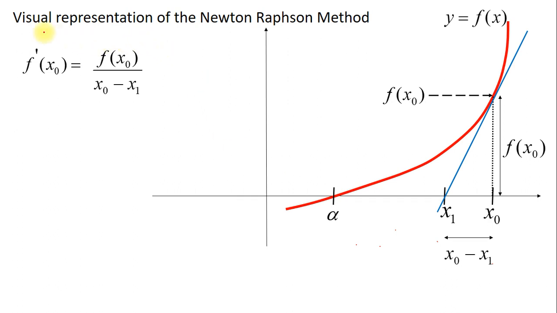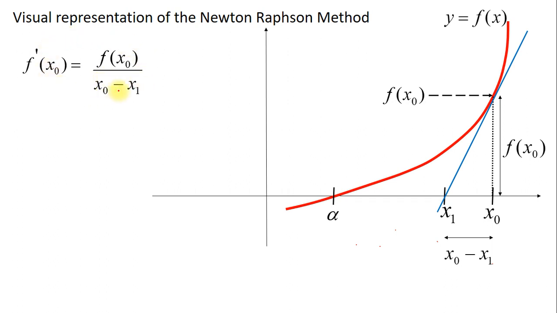So, if you look at this equation, the gradient of the tangent by using the first derivative and the gradient of tangent by finding the ratio of these two, they are actually equal.